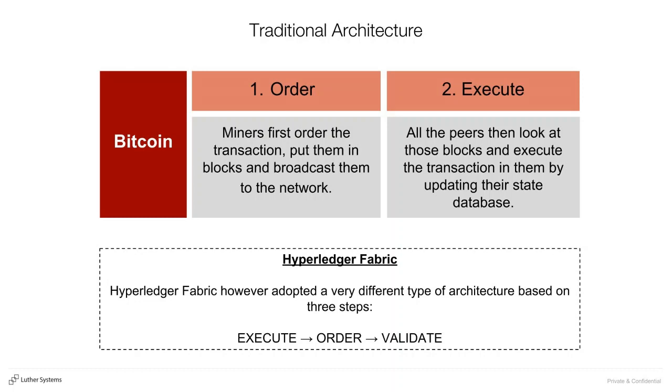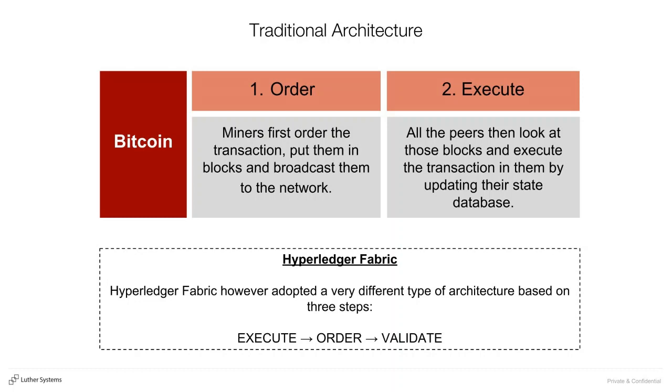The miners first order the transactions, place them in a block and broadcast them. The blocks get disseminated throughout the network, and then all of the peers take those blocks and the transactions in them and execute them to update their local state databases, to maintain this unspent transaction output database, which has all the transactions that are eligible for being inputs to subsequent transactions, ones that can be spent.